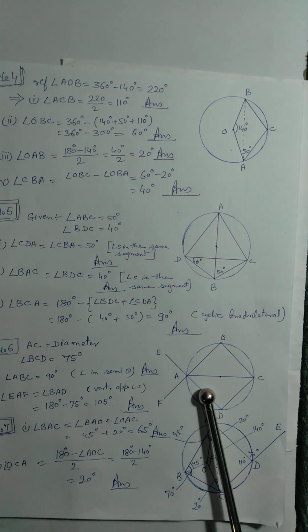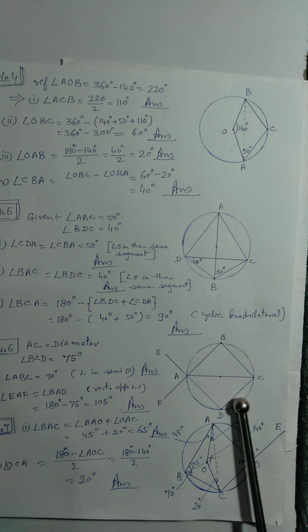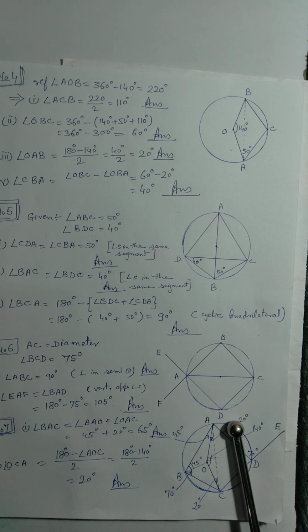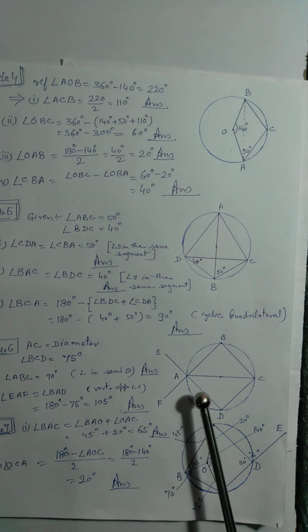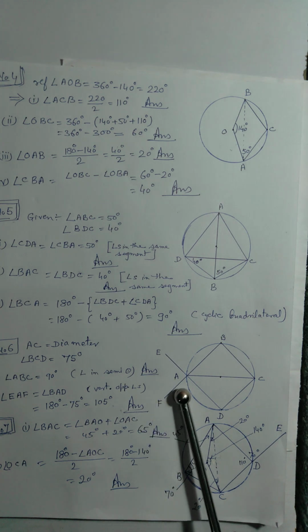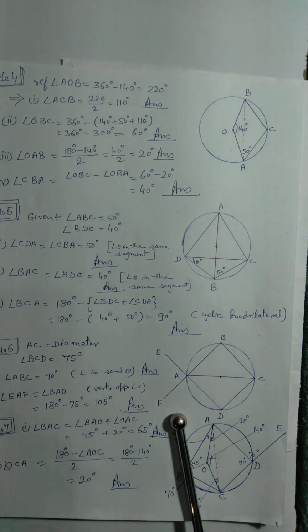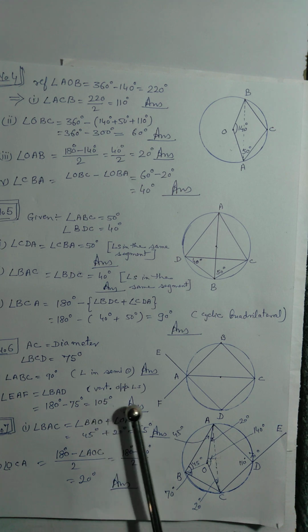So you will get 180 minus 75, that is 105 degrees, and it will be the vertically opposite angle. What is the EAF? EAF will be 105. I have mentioned the reason, the vertically opposite angle.